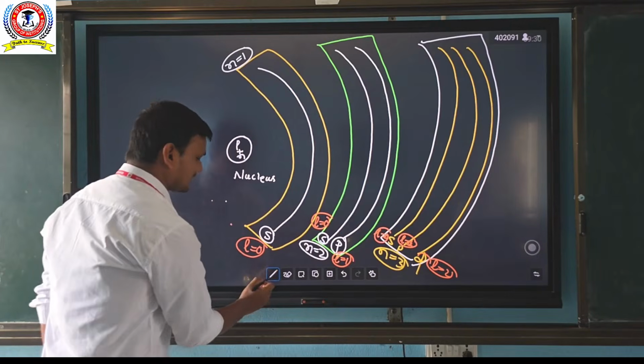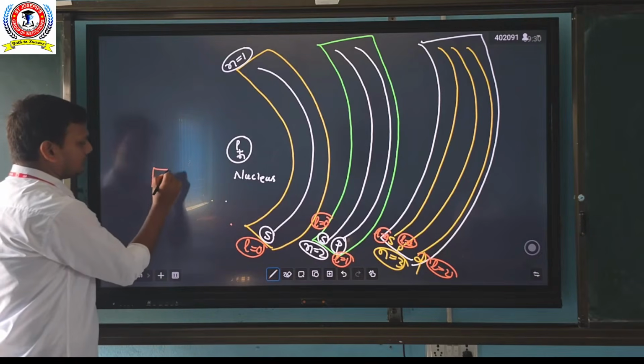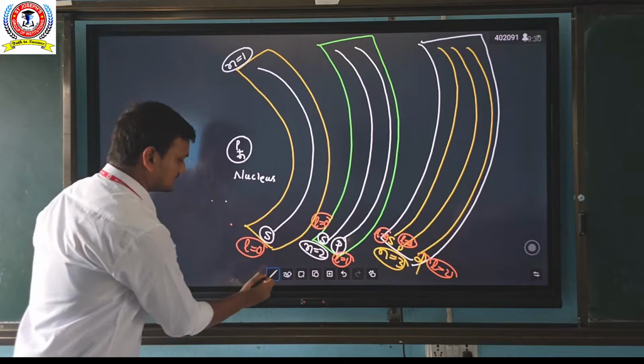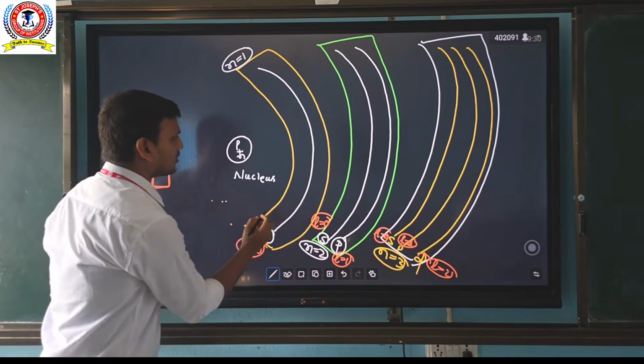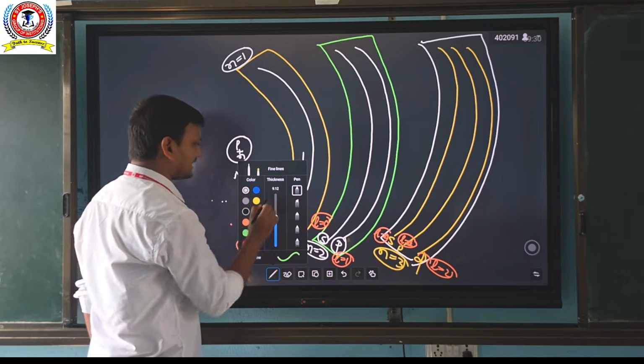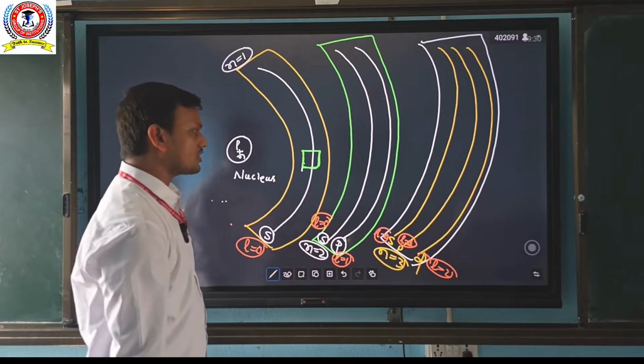Okay, students, and also we know that we use a box for orbitals. Since one orbital is present in the s subshell, we draw one box.